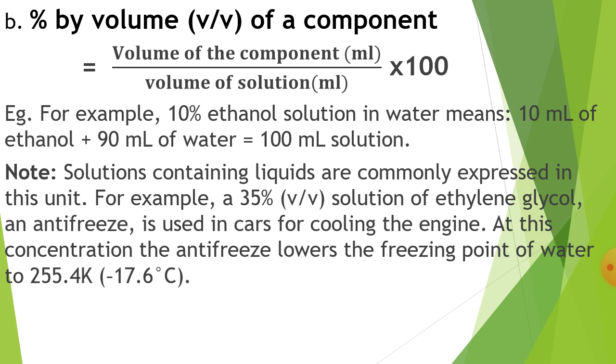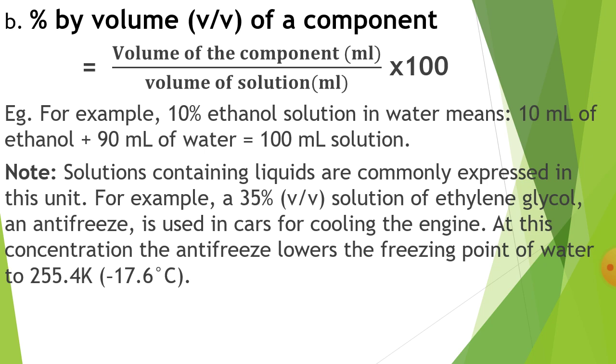For example, a 35% volume by volume solution of ethylene glycol and water is an antifreeze. This antifreeze agent is used in cars for cooling the engines. At this concentration, the antifreeze lowers the freezing point of water to 255.4 Kelvin or minus 17.6 degrees centigrade.